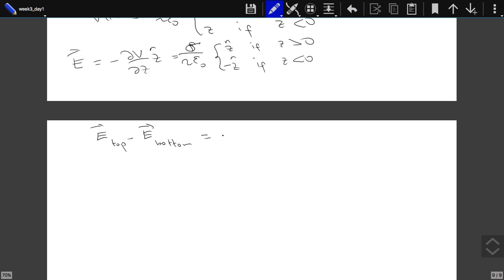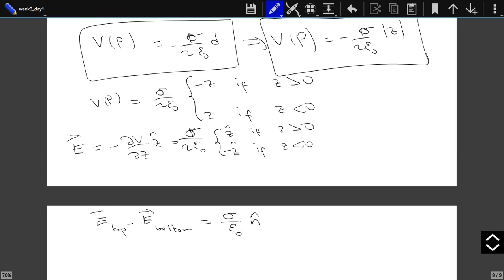And we could write the same thing as sigma over epsilon 0 in the n direction, where this n vector just points from bottom to the top. Well, we actually see it over here. Above the plane, the electric field is sigma over 2 epsilon 0. Below the plane, it is minus sigma over 2 epsilon 0. If you look at the difference, it is sigma over epsilon 0 in the z direction. So it's basically this statement over here.